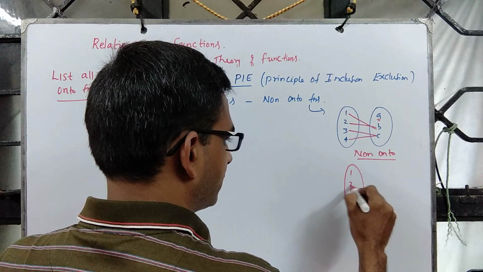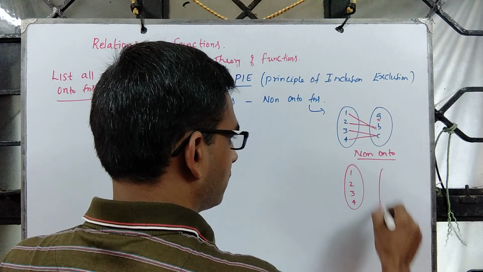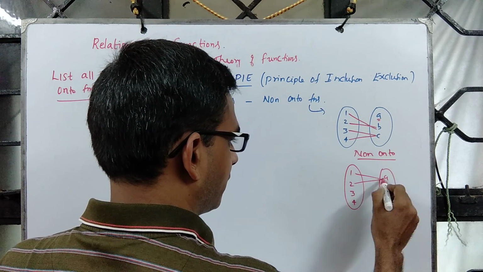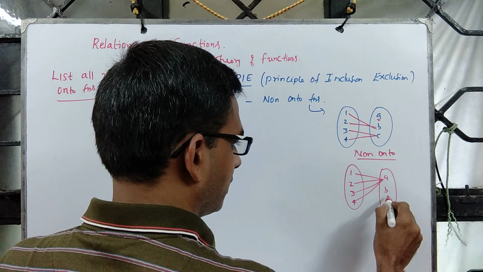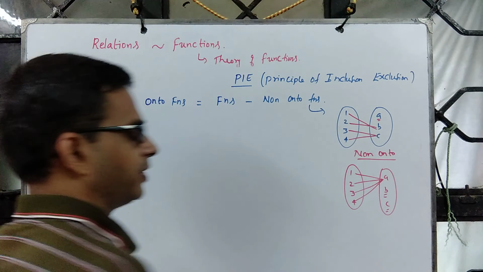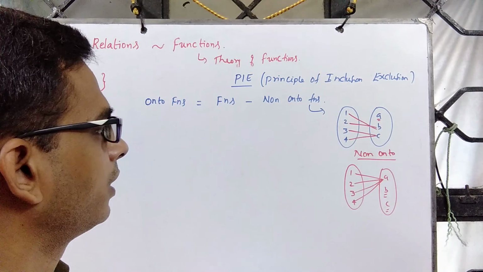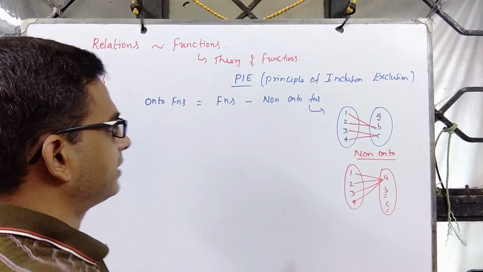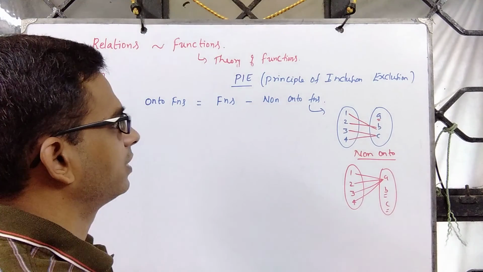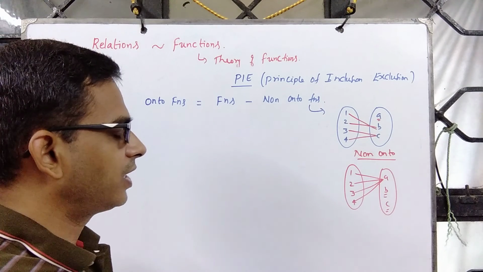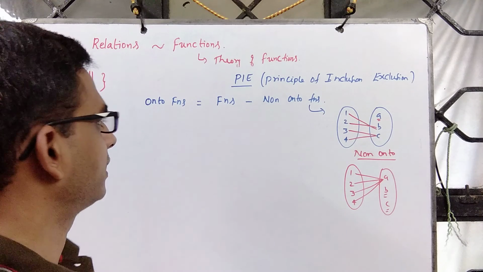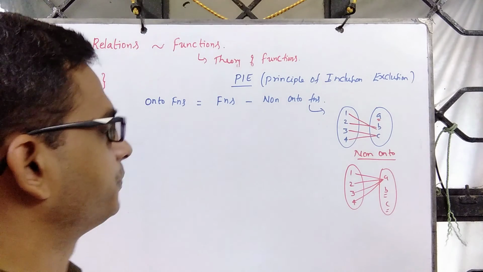So you have say 1, 2, 3, 4 and say A, B, C. It may so happen that you are mapping all of them to this one. These two are not having pre-images. So we want to count these functions and subtract that from this. Then what is left is precisely the functions that are onto.